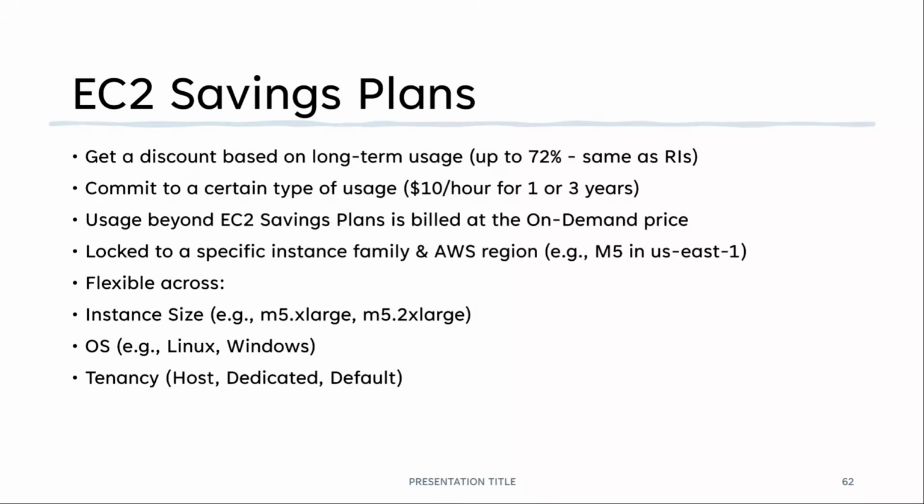Usage beyond that point will be billed at the on-demand price, and you can get a discount up to 72%, same as reserved instances. It is flexible across instance size, for example m5.xlarge, m5.2xlarge, or something like that. And you are also flexible in choosing the OS and the tenancy. We are going to see what tenancy is in a minute.